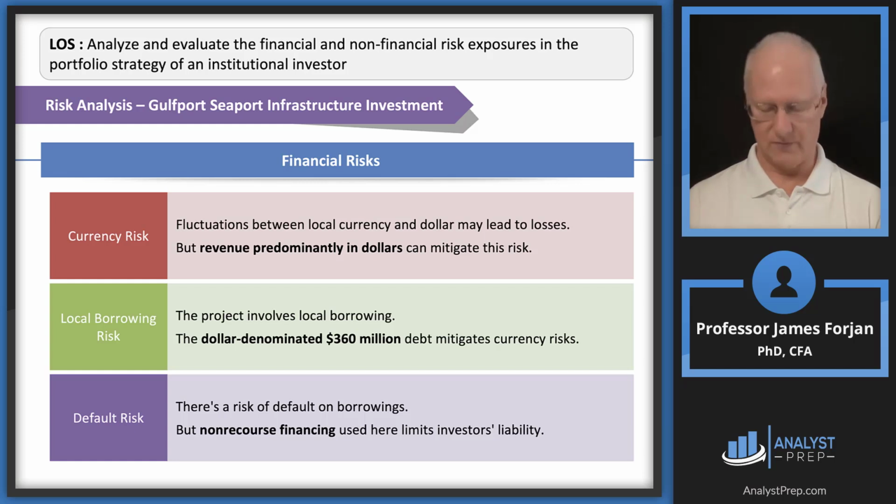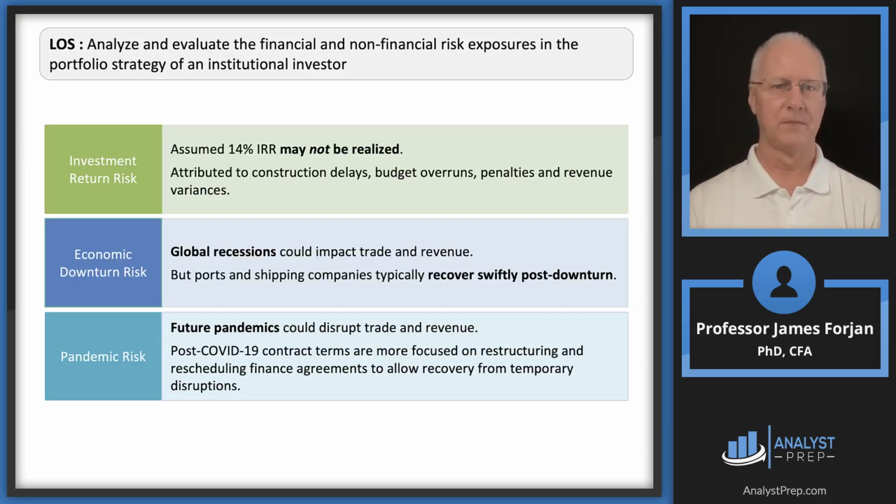Default risk, there's always default risk, but the non-recourse component of that loan kind of reduces that liability. Yeah, that 14% IRR, of course, may not be realized. This is what I tell my students all the time. I say, look, anybody can invest in a positive NPV project or a project in which the IRR is greater than the weighted average cost of capital.